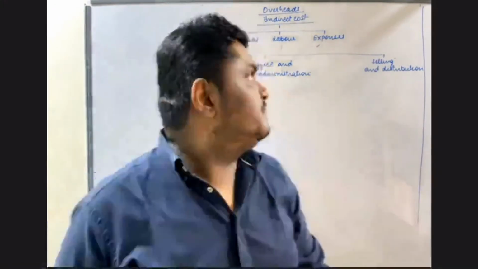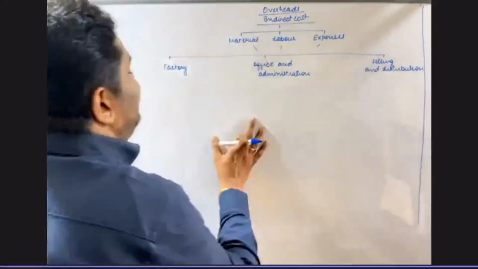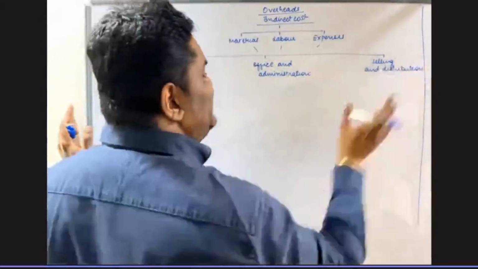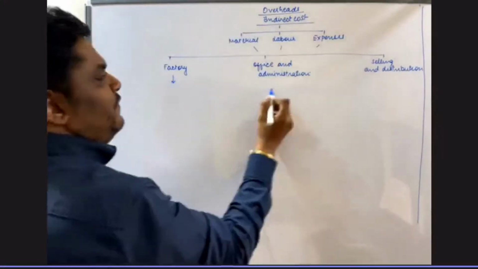So now, when talking about overheads, these are incurred at three levels, that is factory level, office and administration level, and selling and distribution level. I'll write a few examples for your reference.